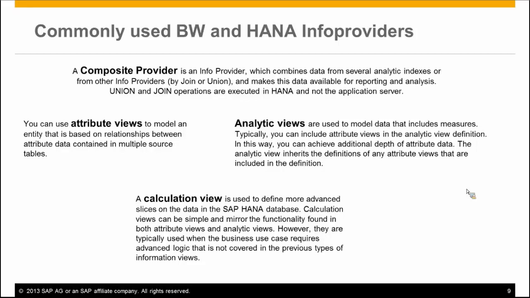If you remember, on the BW side, you have InfoSets and multi-providers. InfoSets are primarily based on a join condition, and multi-providers are primarily based on union. Within a composite provider, you can bring in both these operations and then expose that as a HANA view, which is a calculation view on the HANA side.